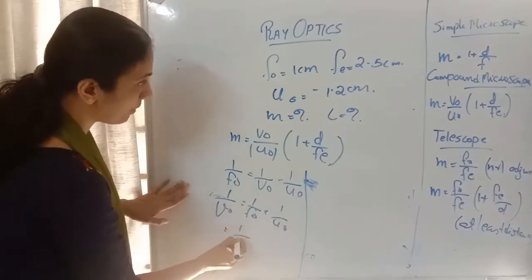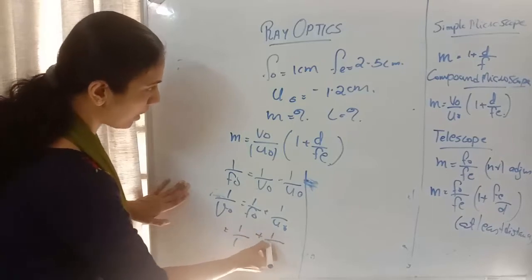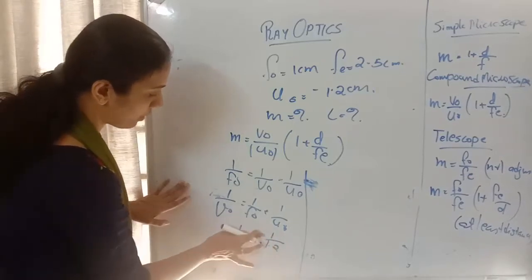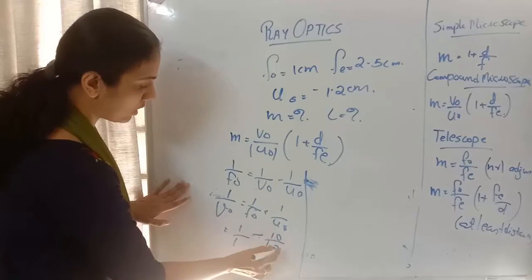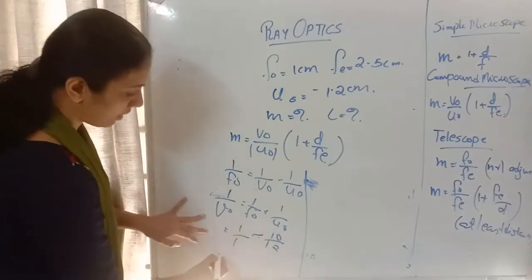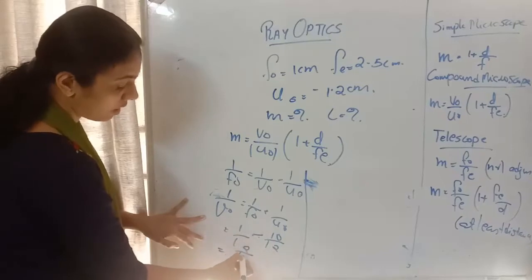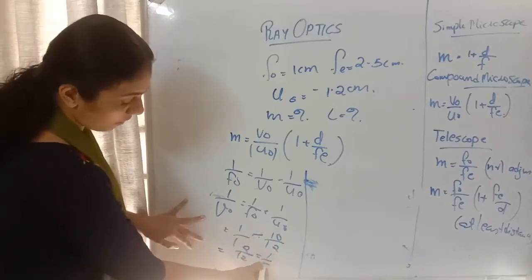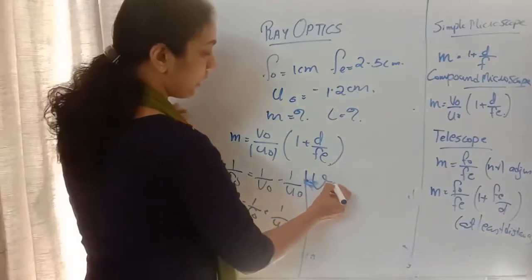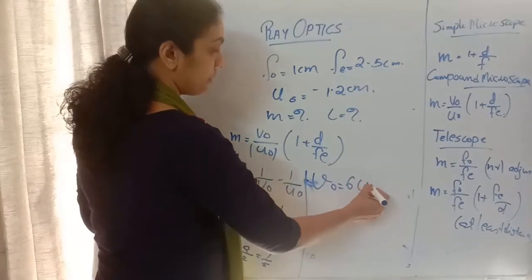Therefore 1 by 1 plus 1 by 1.2. Now it will become minus. So 10 by 12 we will get. Here 12 by 12 minus 10 means 2 by 12. So we are getting it as 1 by 6. Therefore VO we get it as 6 centimeter.